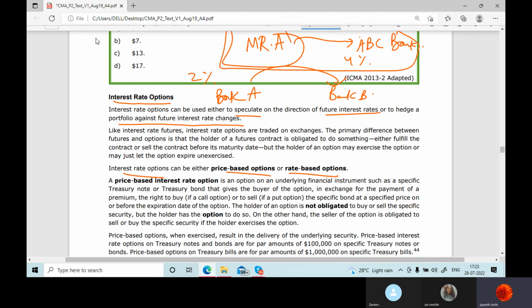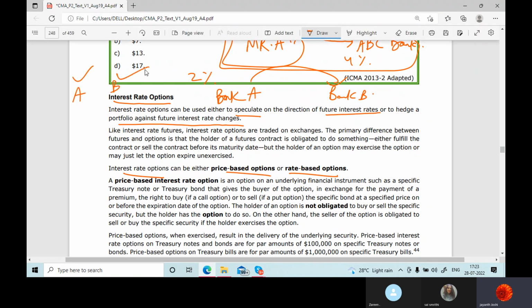Am I right? So here is A, here is B. He is a writer, he is an option buyer. He has made a contract with A, as per which he will buy SBI stock for 100 rupees after 3 months from A, and A has to sell that stock to B at that price only. That was what we discussed.